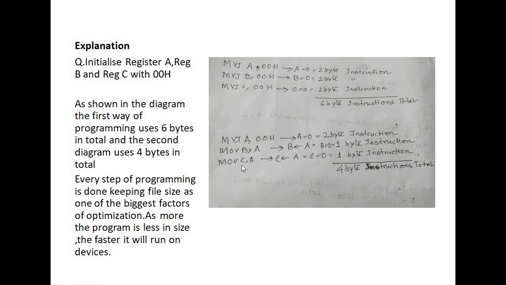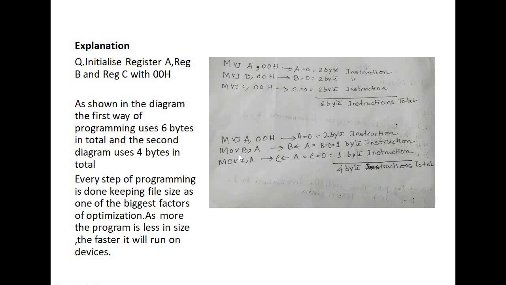Then again I write MOV C, A. If I write MOV C, A, then what will happen? Whatever data is there in register A, 00H, will get loaded into register C. So register C will now contain 00H.